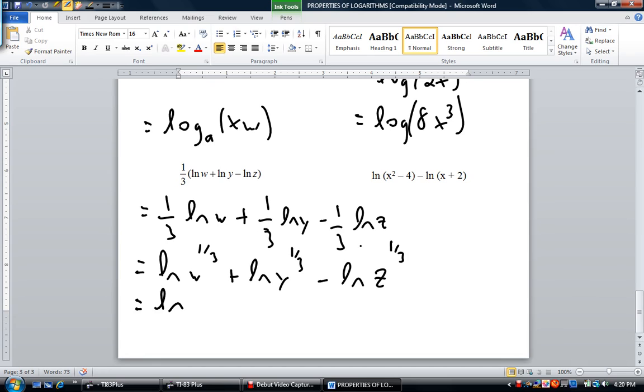I can make each of those radicals, because the 1/3 is a fractional exponent, which means that the 1 stays as the exponent, and the 3 is the one that moves as the radical. So I'm going to do it for each one of those.